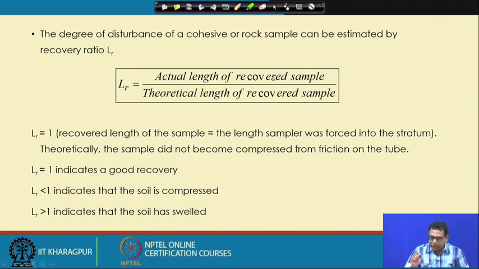If it is 1, that indicates good recovery; if it is less than 1, the soil is compressed; and if it is greater than 1, the soil has swelled. So, for good recovery the recovery ratio should be 1, otherwise it indicates whether the soil has been compressed or swelled.